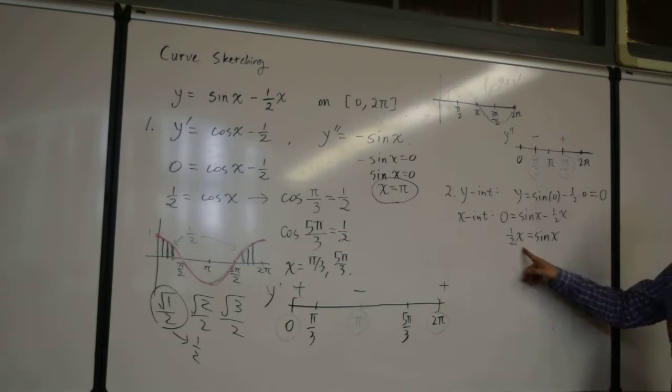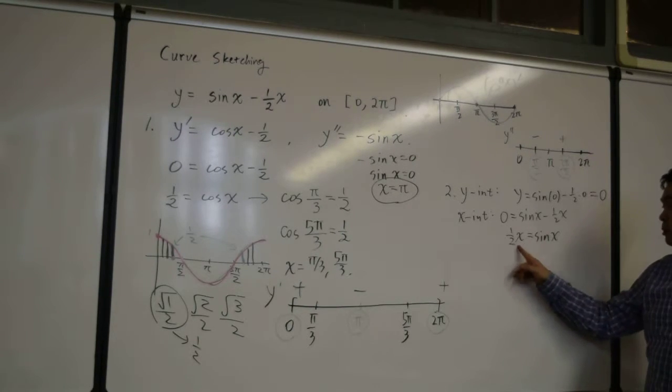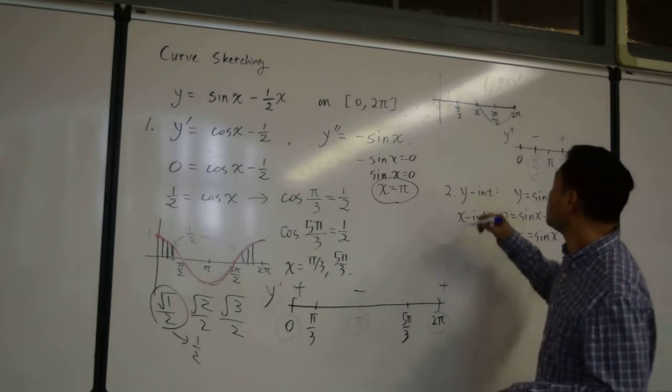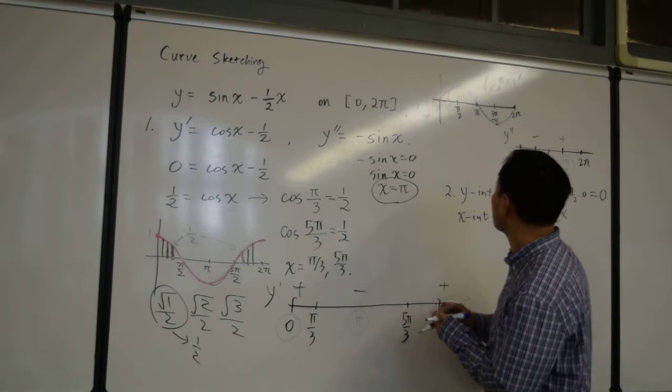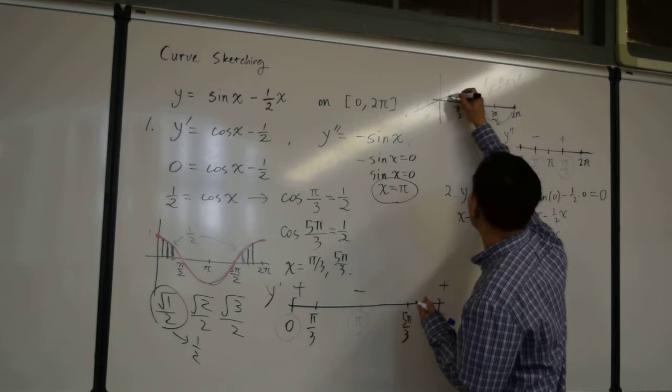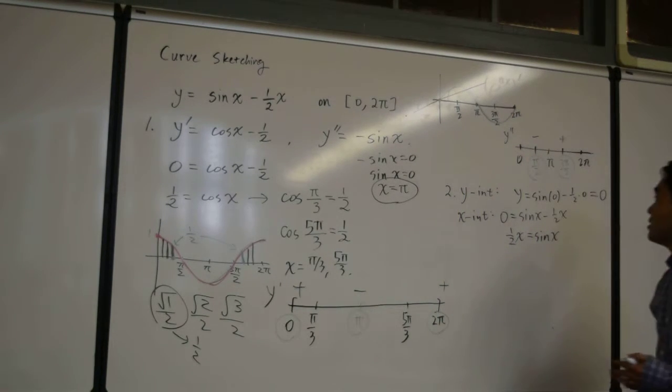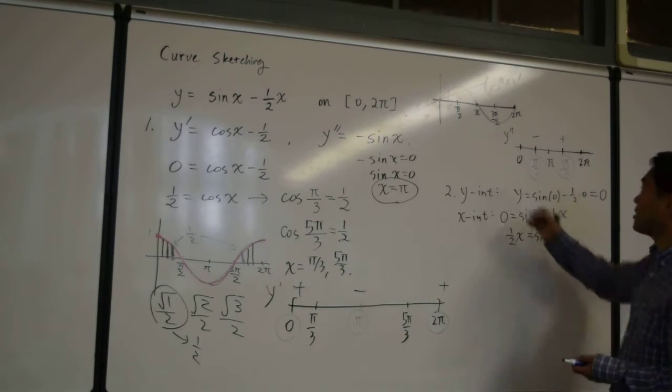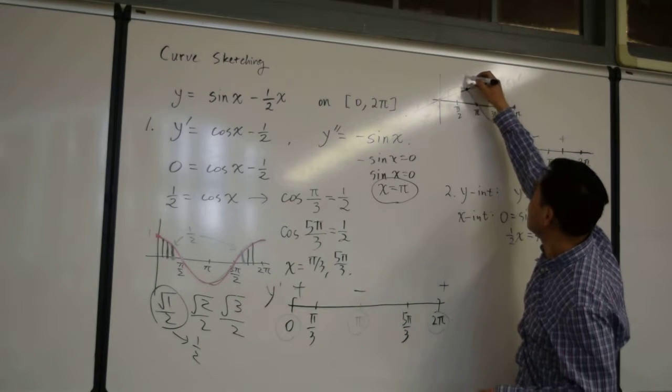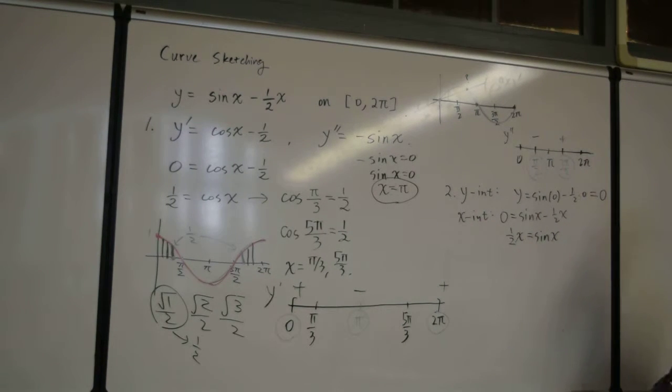So to picture the point where this is true, you have to draw the graph y equals 1/2 x, which is like this one. And I don't think you can solve that algebraically. So it does exist. It passes at some point, somewhere between pi over 2 and pi, but I guess we can't figure it out. So let's just leave it like that.